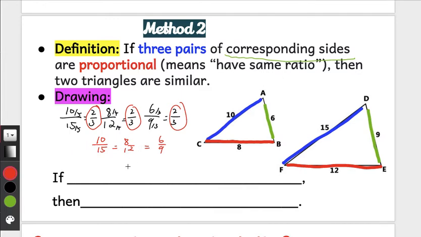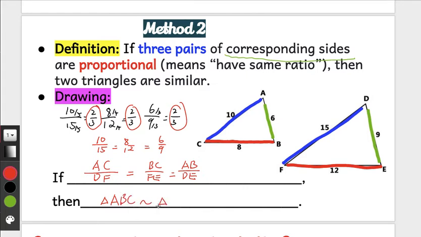So let's write down the final conclusion here. The corresponding sides having the same ratio: AC over DF equals BC over FE. Some students might wonder, can I write CB? It's actually the same thing, it doesn't matter. And then equal to AB over the last pair. Then we can come to the conclusion. Remember, do not forget they have to match.